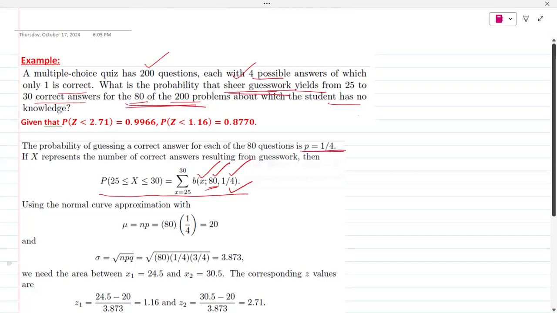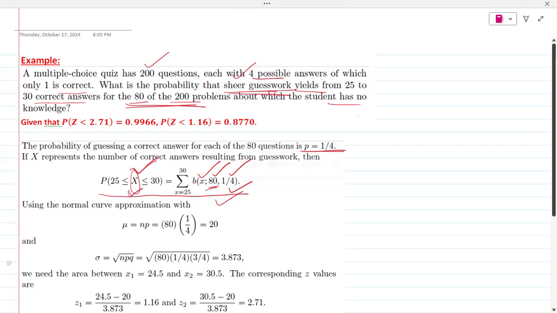Now we can calculate this, because we need this probability. I have discussed many times during the lectures that X, the random variable in the binomial distribution, represents the number of successes, and here our success is if the student answers the question correctly.